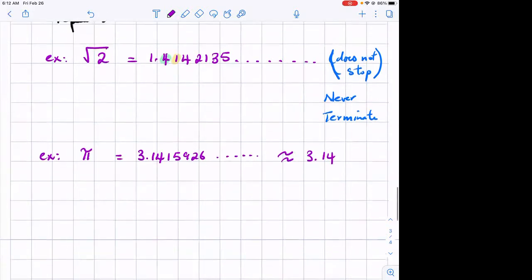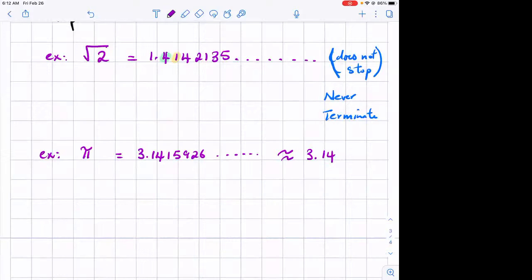Notice that for pi, the first digit after is a 1, followed by a 4, followed by a 1. So no two digits repeat consecutively. In addition, it does not stop. There is no ending to the decimal representation. I don't know off the top of my head what comes after the 6, but we can find out what these values are using some computer system or calculator.